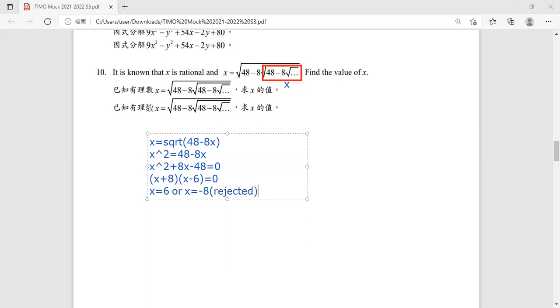Do you know why? Because I have a square root sign outside here, so x must be positive.